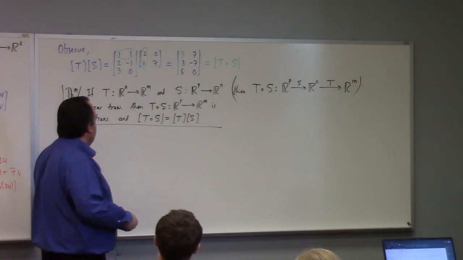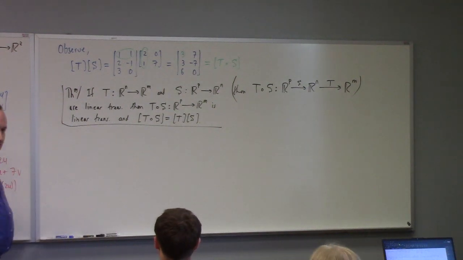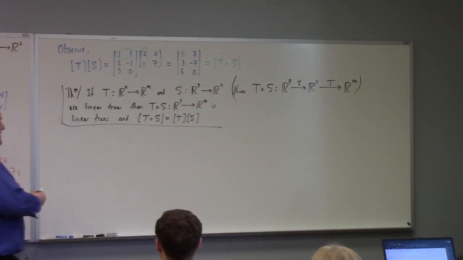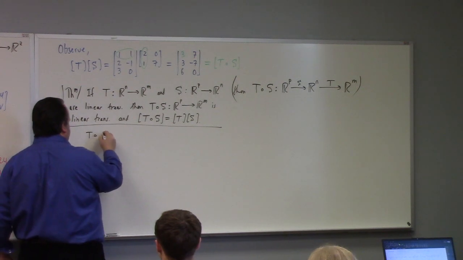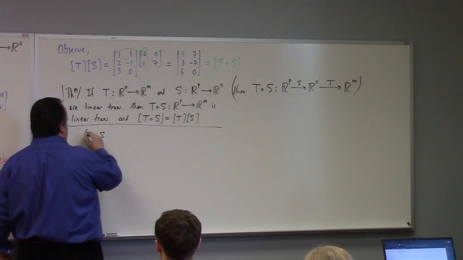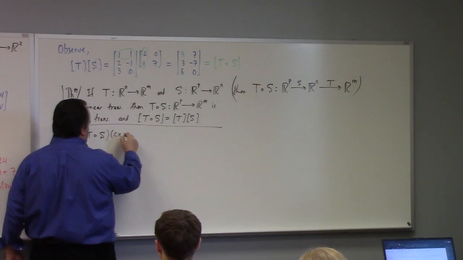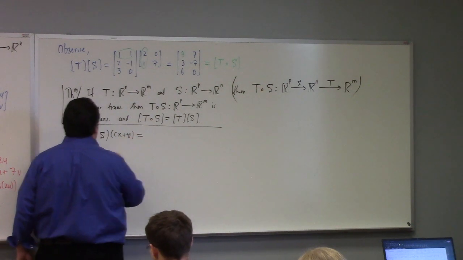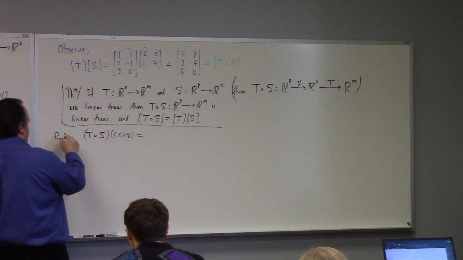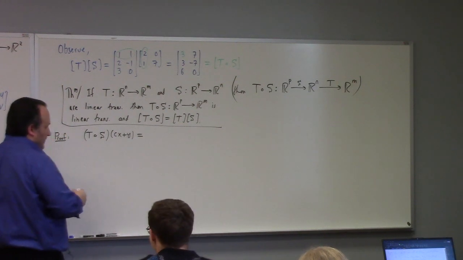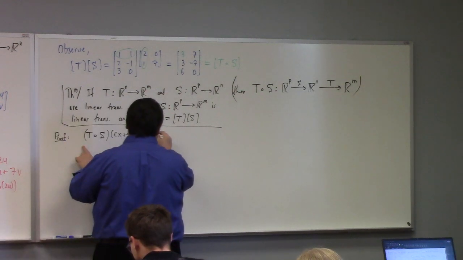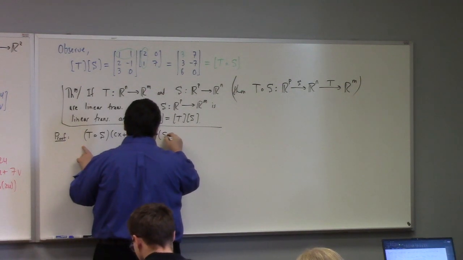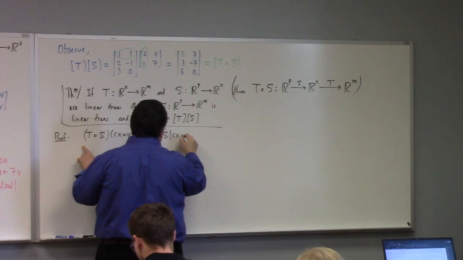So how would we prove it's a linear transformation? This is the easy part. Actually, everything here is the easy part. So how about this? We do T composed with S. To check that it's linear, we should look at T composed with S of cx plus y, right? By definition, this is T of S of cx plus y.